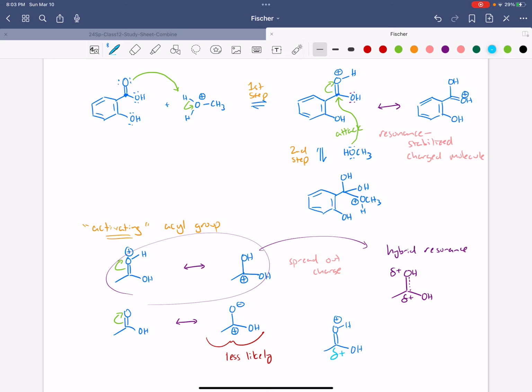And so one last color change. Tiny, tiny, tiny, tiny. Okay, it's still there, but it's much tinier. So again, this is more reactive or more attackable.